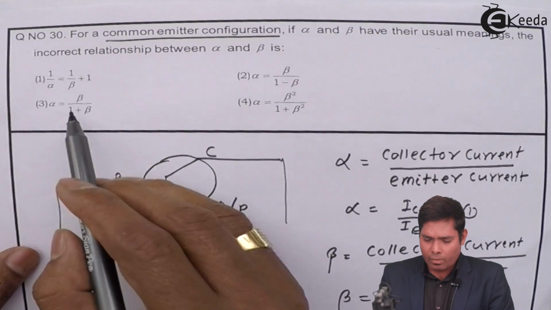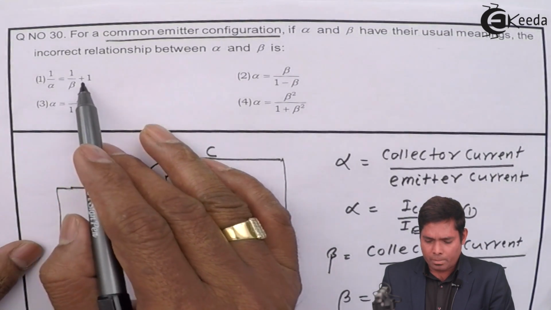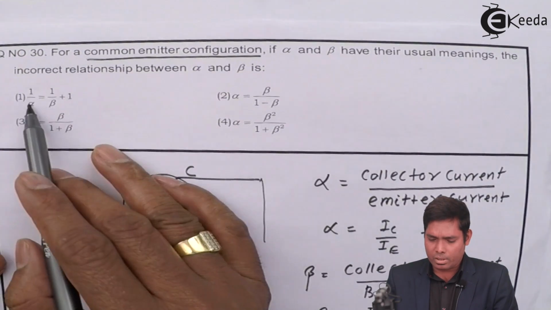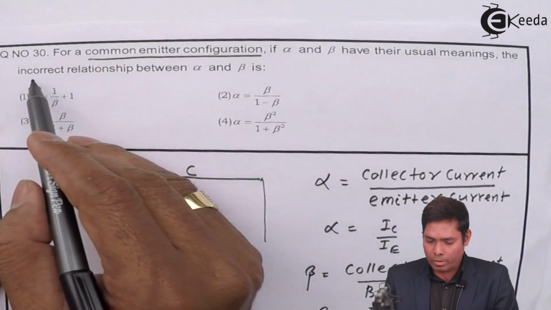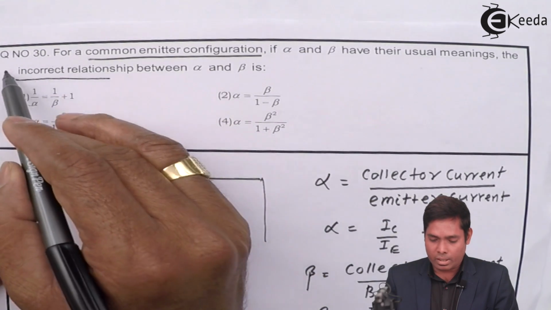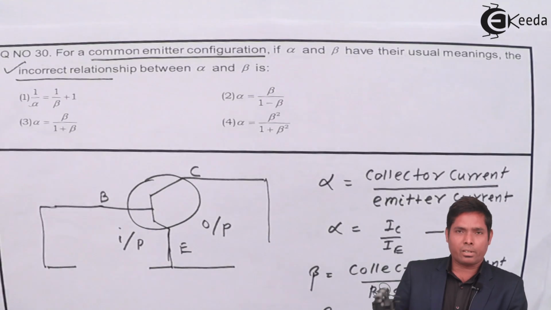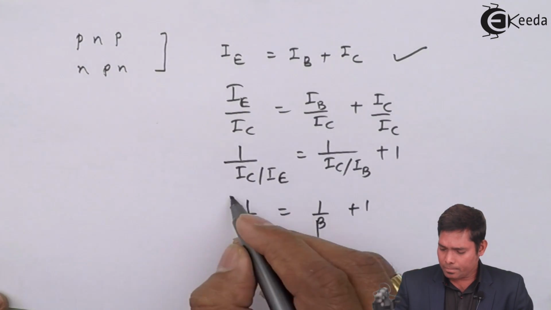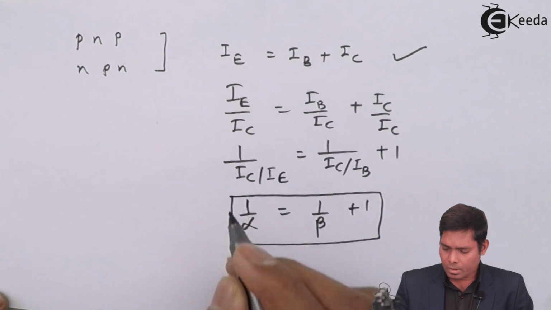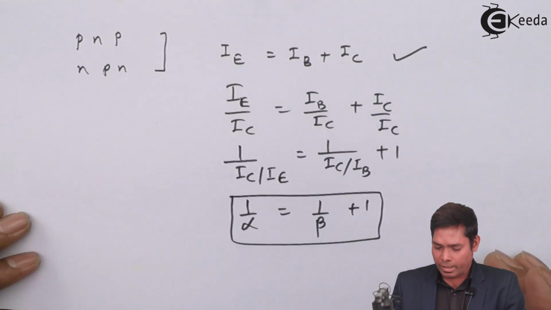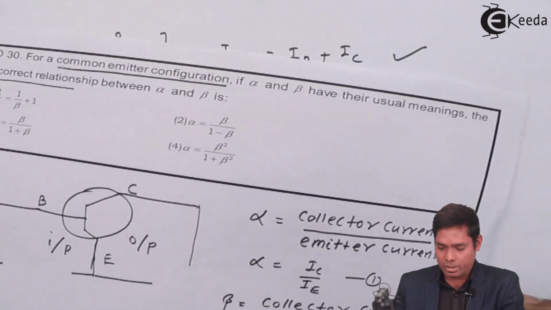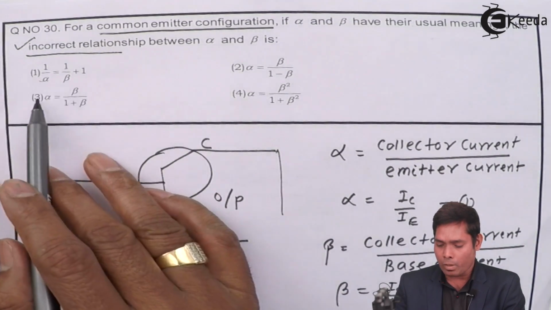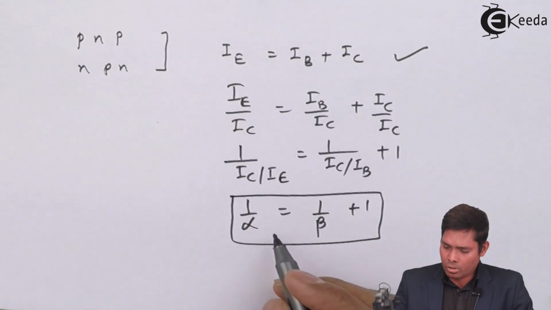If I see that, then 1 upon alpha is 1 upon beta plus 1. This is correct. But our aim is to find incorrect relations. That you have to remember, it's not about correct relations, it's about incorrect relations. This one is correct. Now we'll see what other possibilities there are. Let me put alpha as the subject.